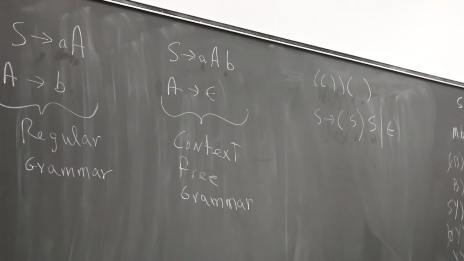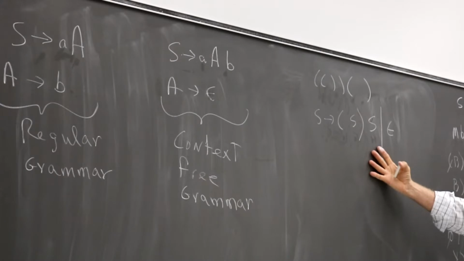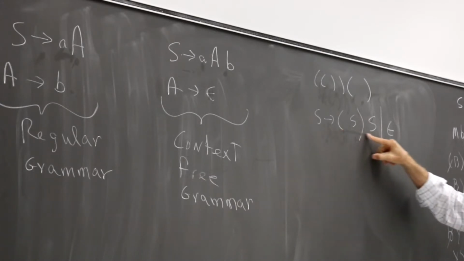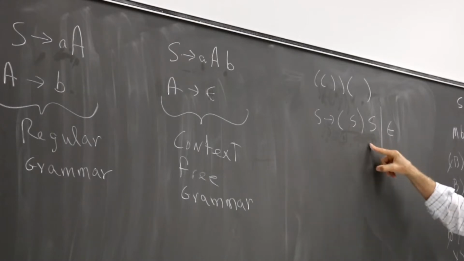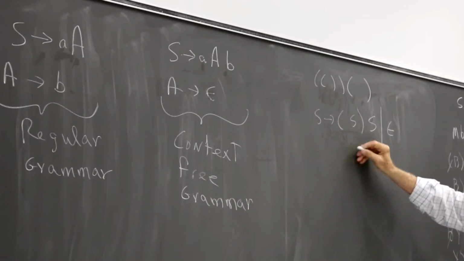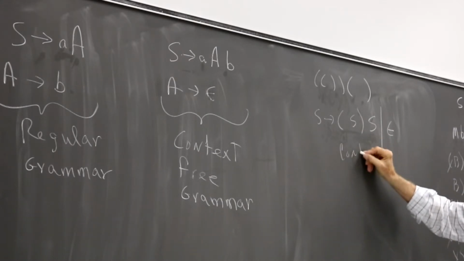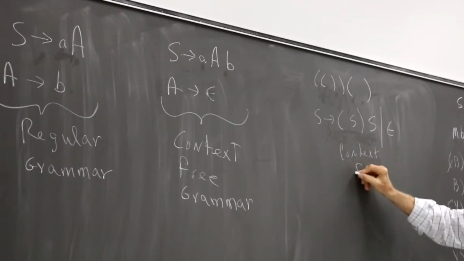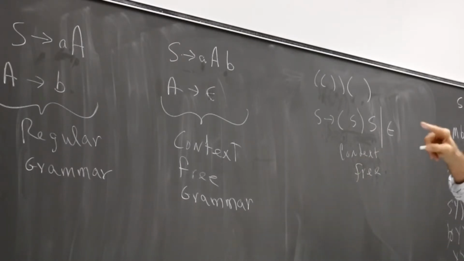So I claim that that grammar might generate balanced parentheses. Regular or context-free? Context-free, because it's got a bunch of terminals and non-terminals intermixed. So this is context-free. That one's regular.